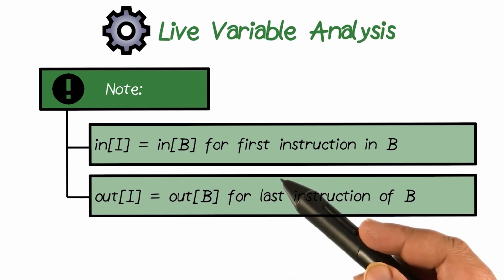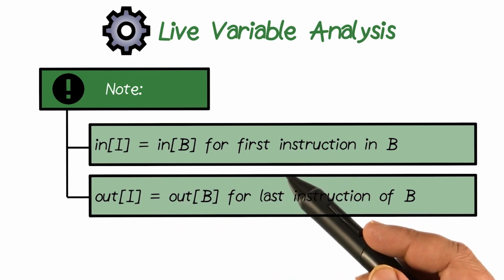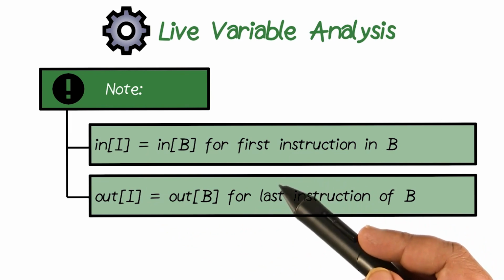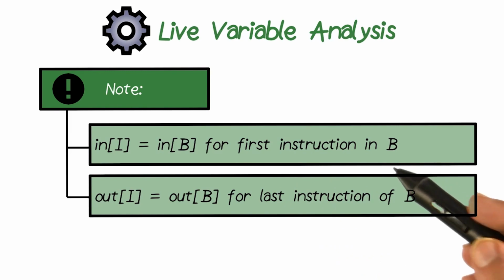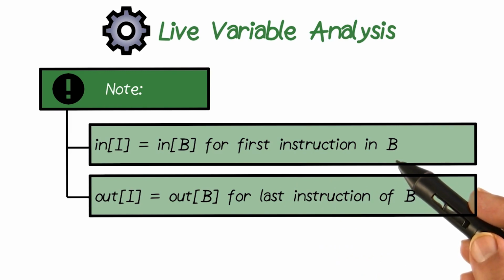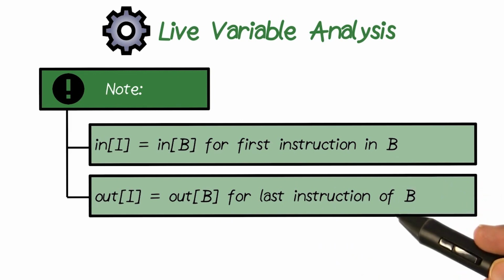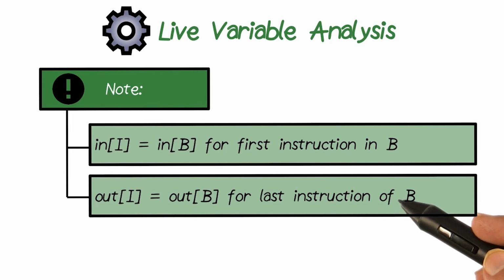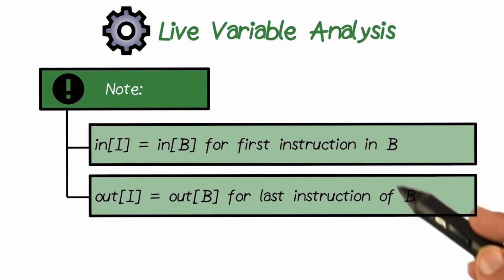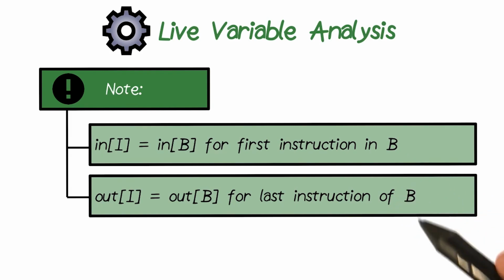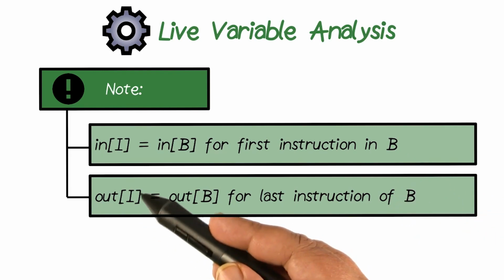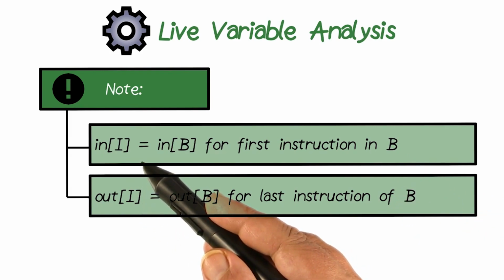For other instructions, we'll have similar rules to find their in and out sets inside the basic block. So our goal in this solution is to find the in set of B and out set of B, solve all these equations which we are going to look at very soon, find the sets of live variables at the entry and exit of each of the basic blocks, and then from there determine the live variable set of each program point inside the basic block.